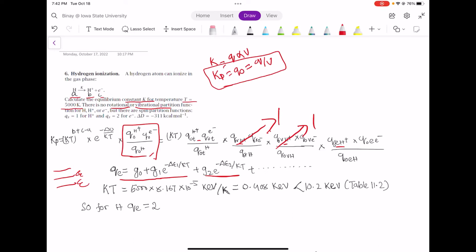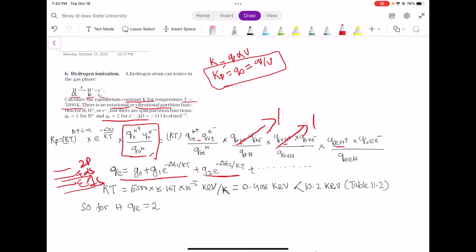Let's say a hydrogen atom has 1s, 2s, and 2p, and it goes on. The electron of a hydrogen atom can stay in 1s or be excited to 2s or something like that, and that's why the spin partition function or electronic partition function arises. So whatever is given as the spin partition function is basically equal to the electronic partition function, so we need not worry about it.